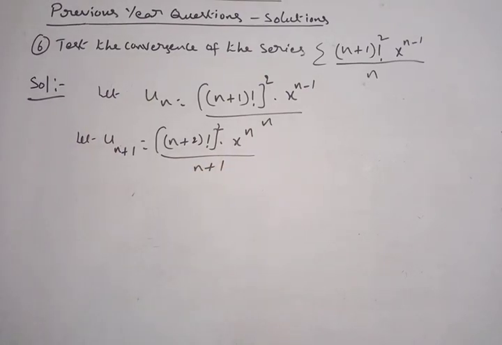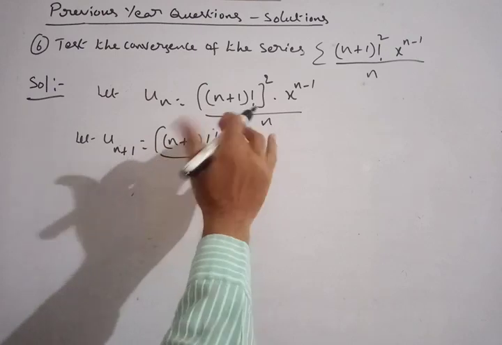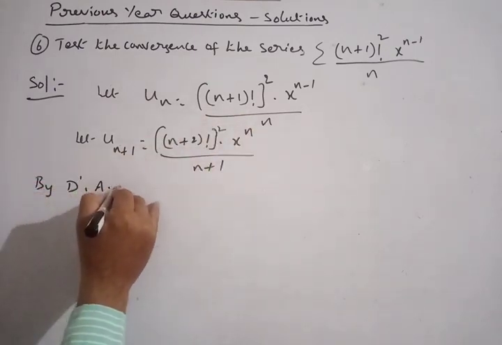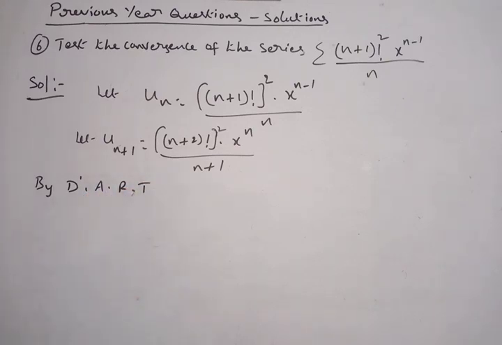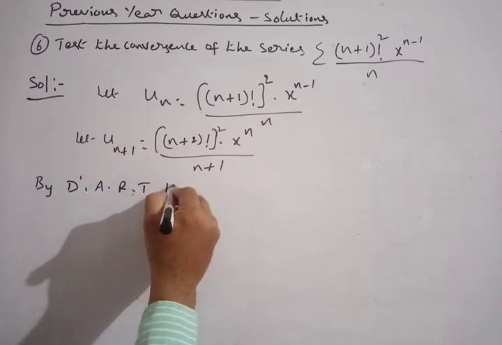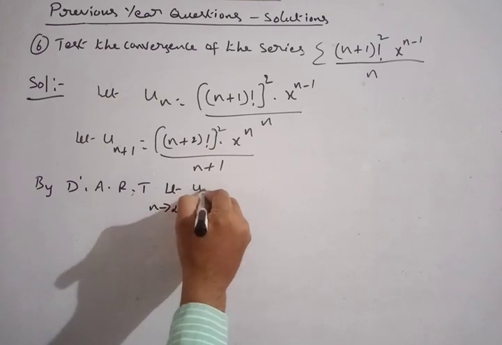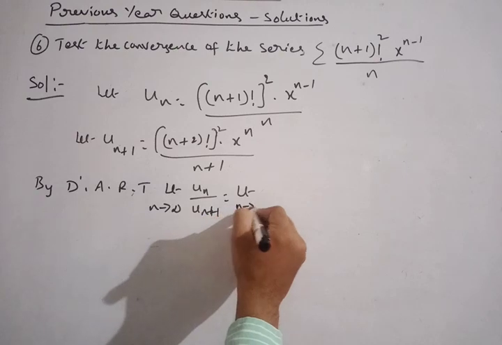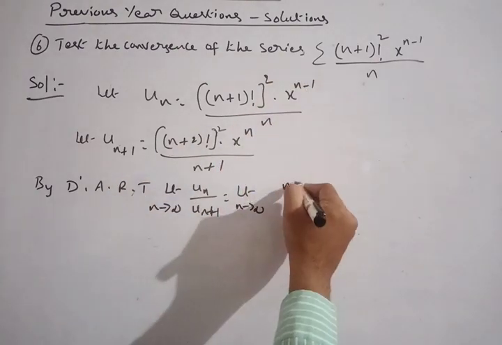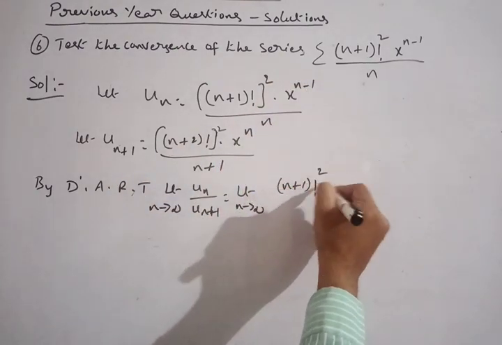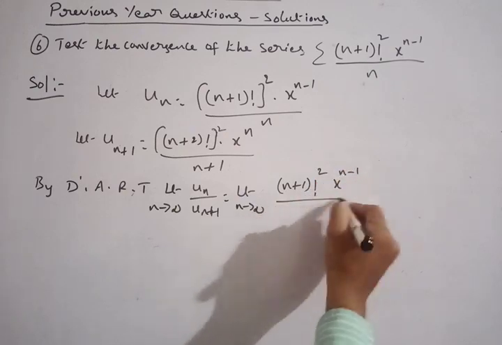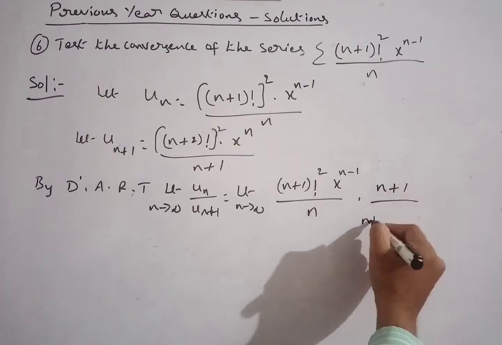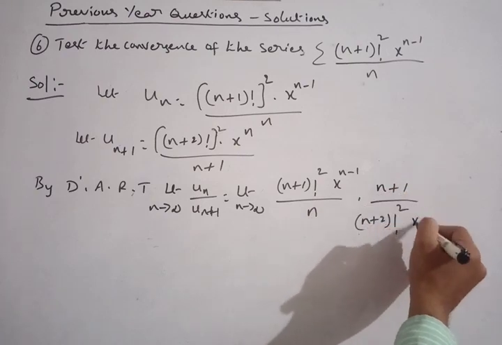So what do we have to do now? By D'Alembert's ratio test, the limit as n tends to infinity of un by un plus 1 is equal to the limit as n tends to infinity of un, which is n plus 1 factorial whole square x power n minus 1 by n, times the reciprocal, n plus 1 by n plus 2 factorial whole square x power n.